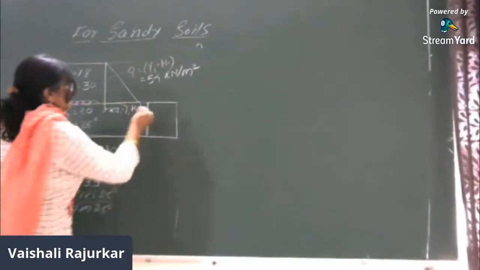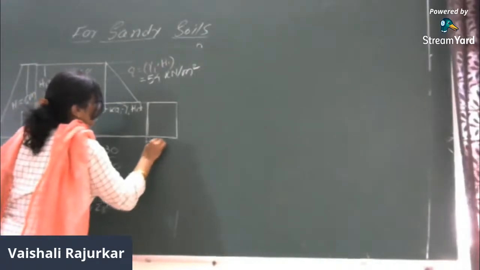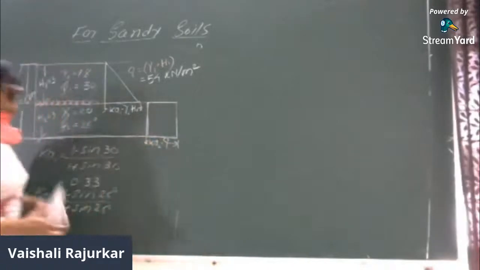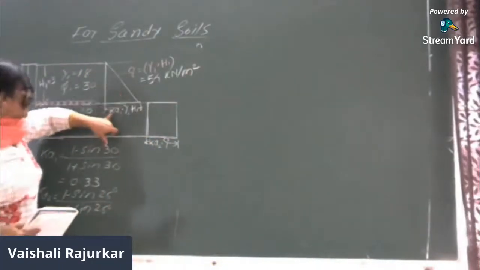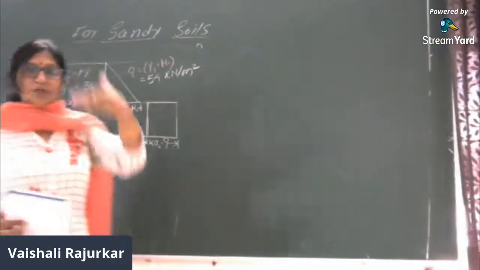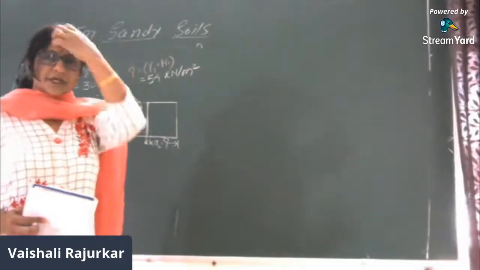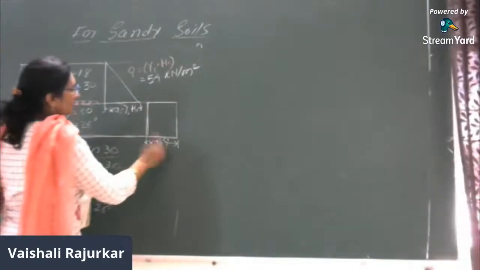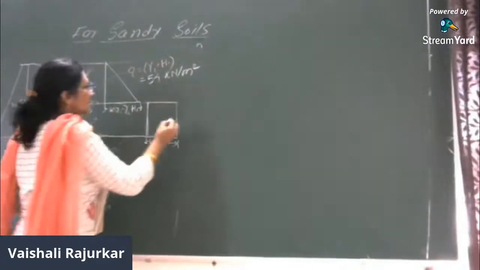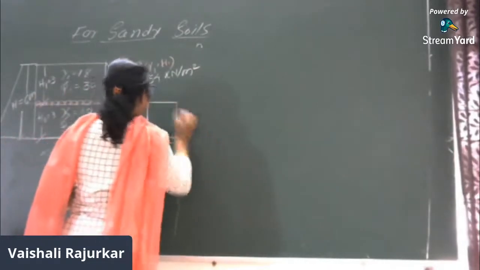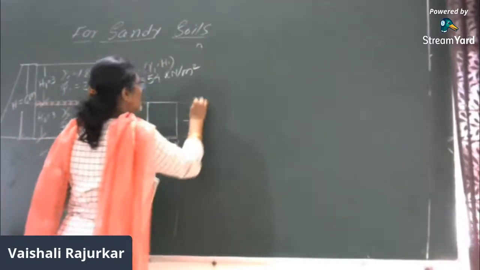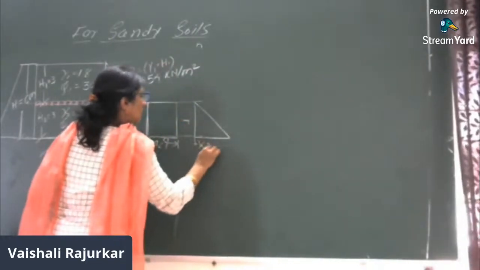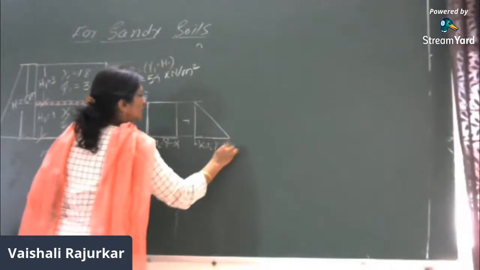But in this case we will consider Ka2 into Q. It will be Ka2, whereas in the previous numerical we considered Ka1 as the soil was homogeneous. Only there was a water table, due to which it was considered as a layered soil. So here this is Ka2 into Q. Then again there is a diagram for the dry cohesionless backfill, which will be Ka2 into gamma 2 into H2.